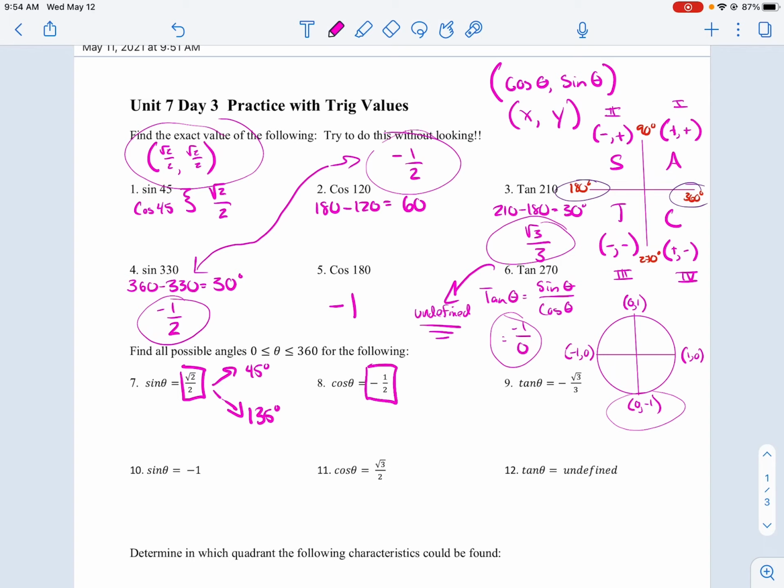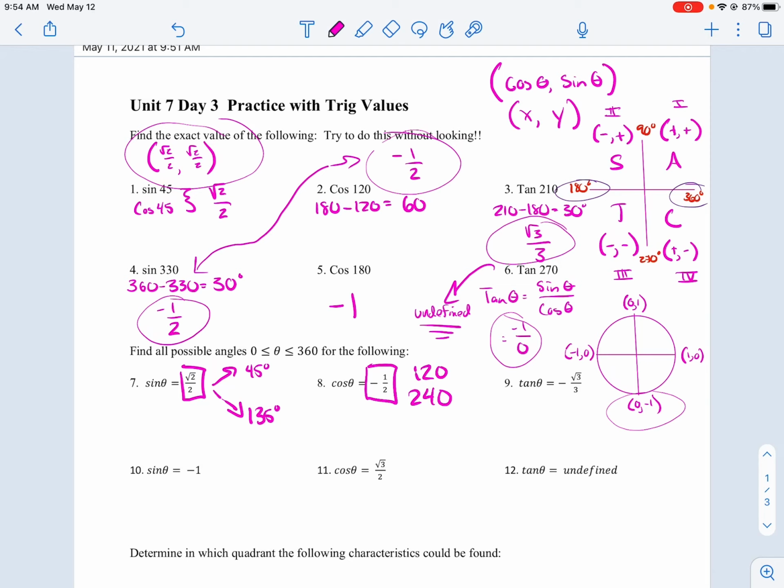We're going to be in the second and third quadrant, and the reference angle for 60 degrees in the second quadrant is 120, and in the third quadrant is 240.